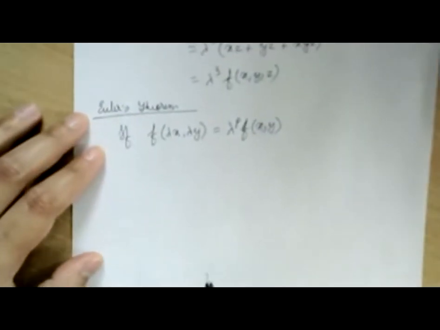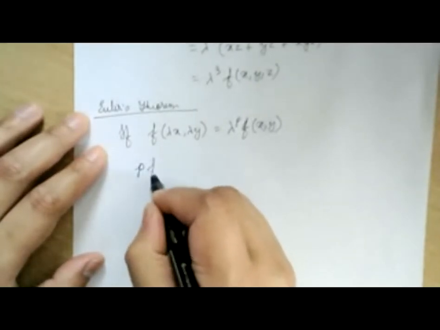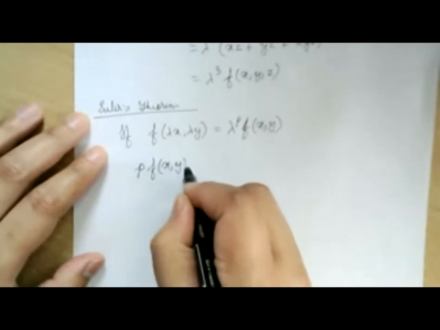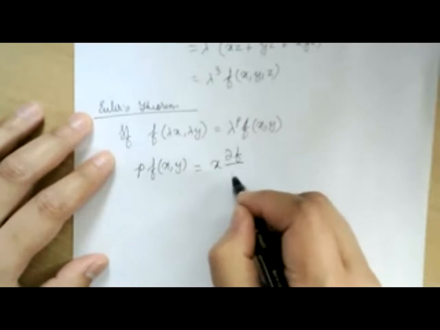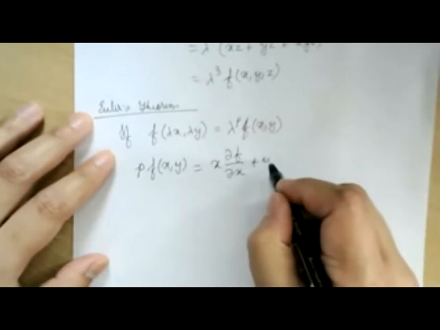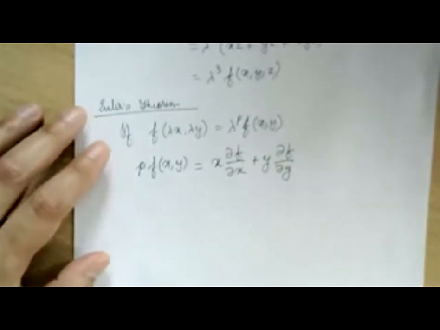Then p times f of x comma y is equal to x times del f by del x plus y times del f by del y.